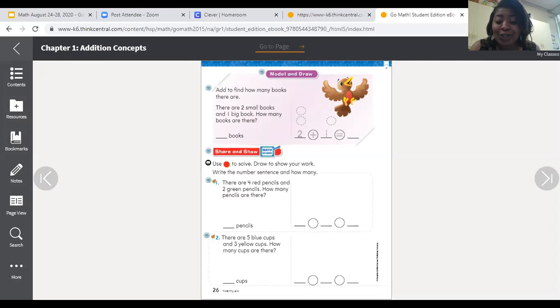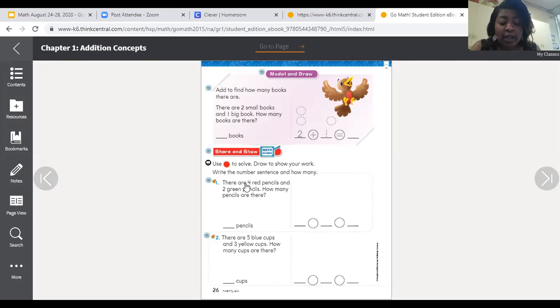Let's look at numbers 1 and 2. Write the number sentence and how many. You're going to want to draw to show your work. So let's look at this. There are 4 red pencils and 2 green pencils. How many pencils are there? So let's think. We're trying to figure out the total number of pencils, how many pencils there are in all.